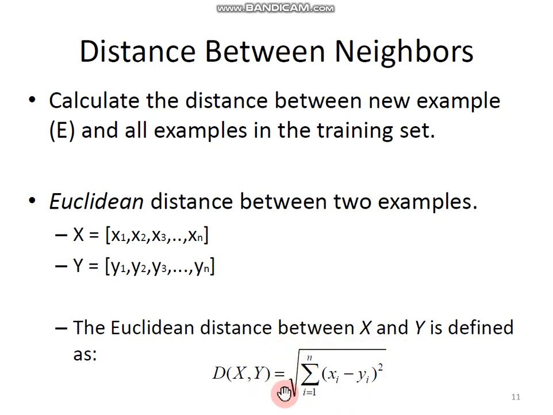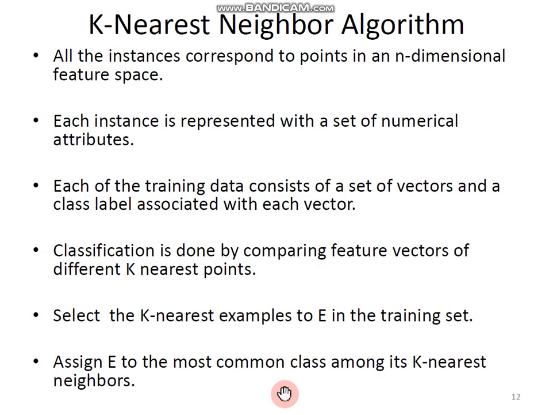This is the distance. If you get a higher distance, it means they are dissimilar to each other. If the distance is 0, then we can say they are identical.